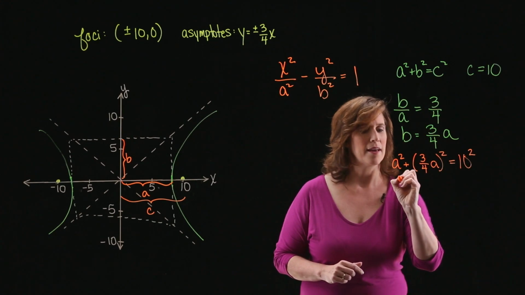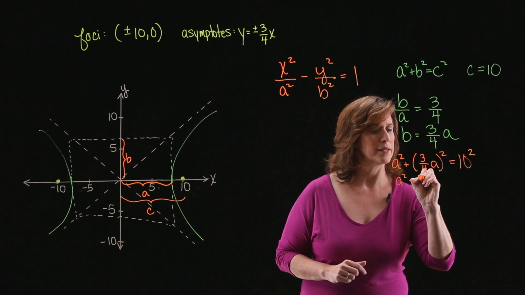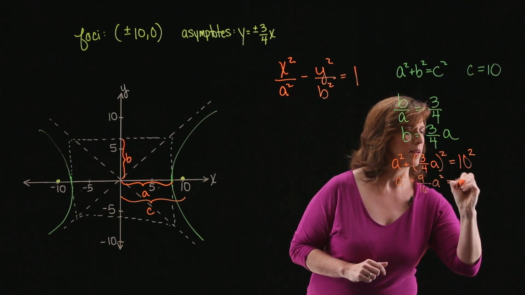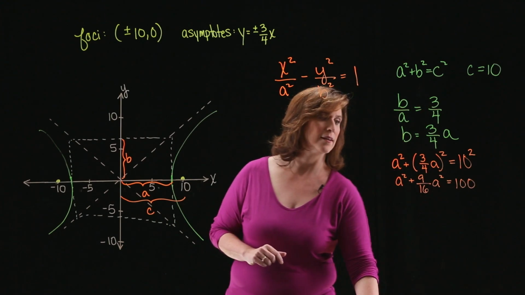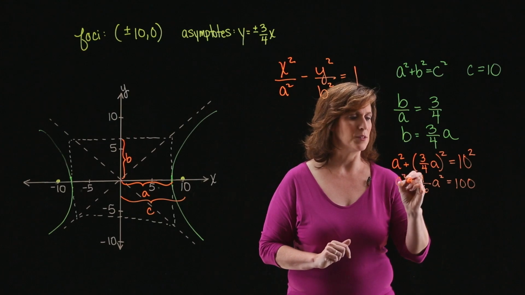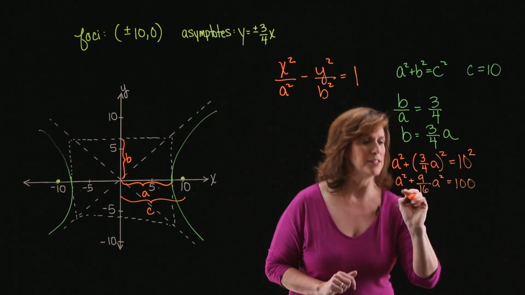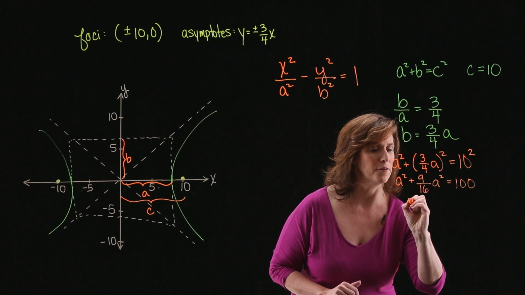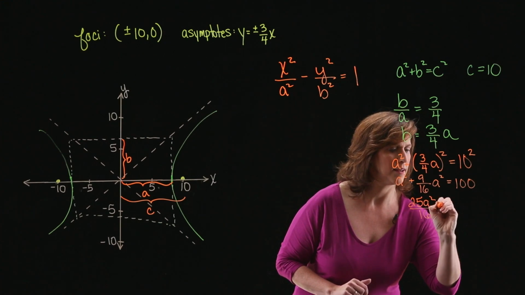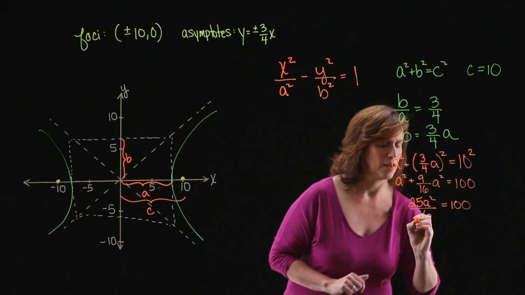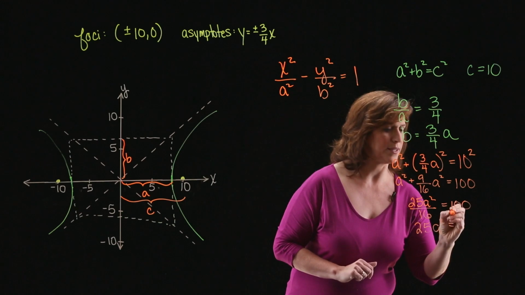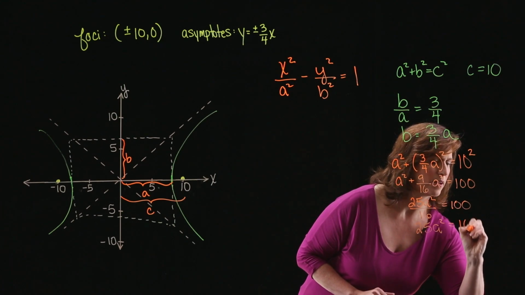So that tells me that a squared plus 9/16 a squared is 100. Getting a common denominator, I can say that this will be 16a squared plus 9a squared, which is 25a squared, all over 16 equals 100. 25a squared is going to equal 1600.